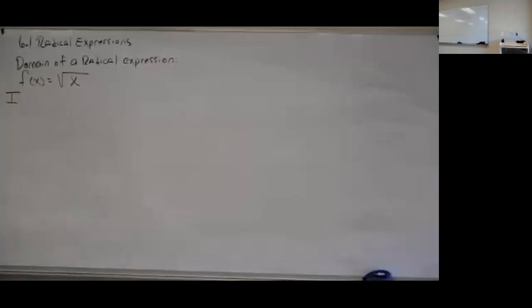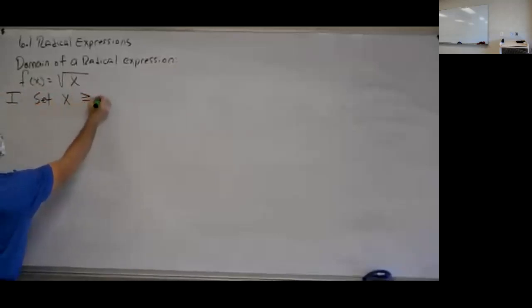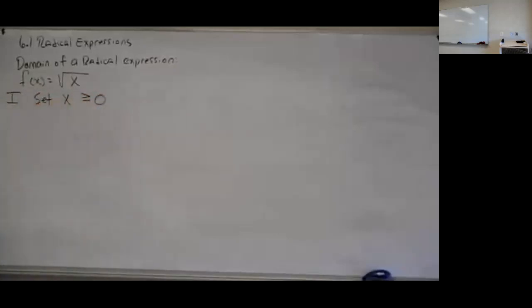First thing I'll do on these is I take what's under that radical, which is the x, and I set what's under the radical greater than or equal to 0. Then you're going to solve it.